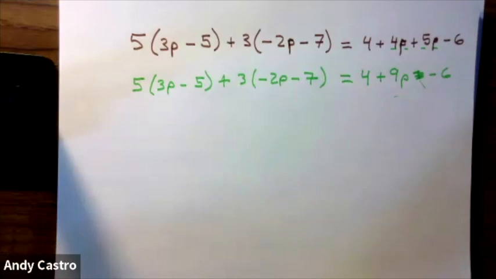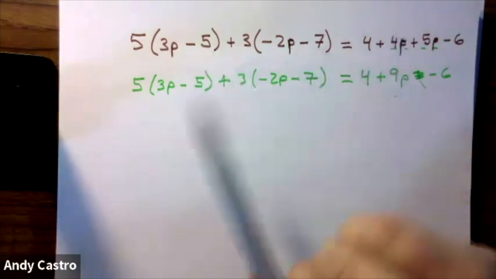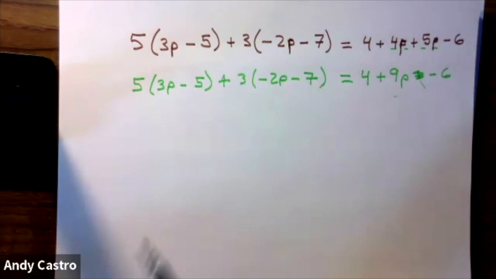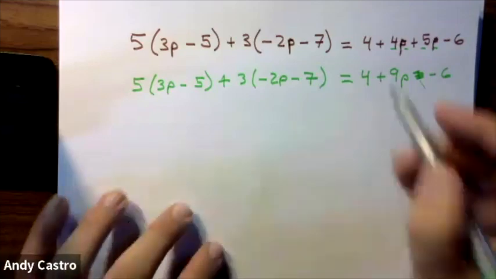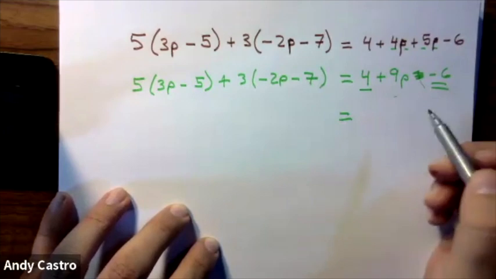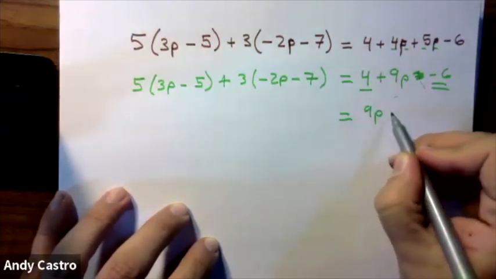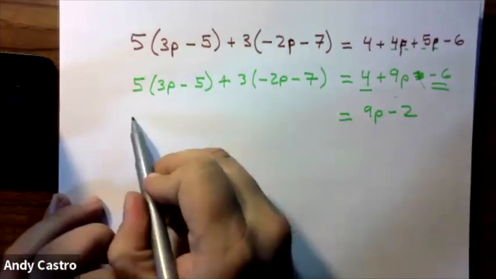Most of the time when a student comes to me and we go back to doing it line by line, almost always they catch their mistake. I usually don't have to point it out to them because they see it pop up when we go line by line. All right. So here we have positive 4 and negative 6. I can combine those two to be negative 2. 9p minus 2.